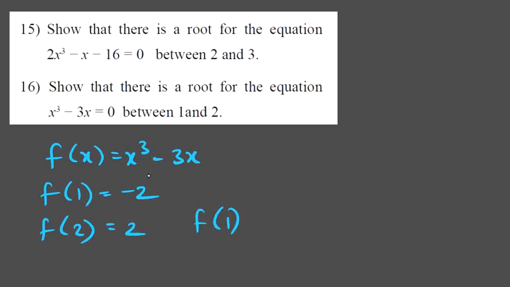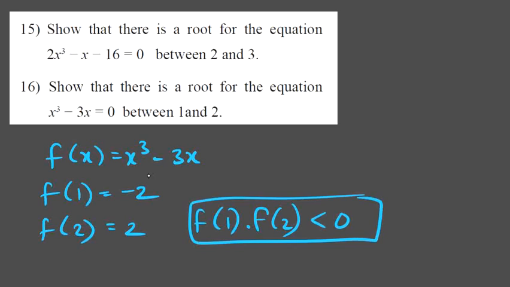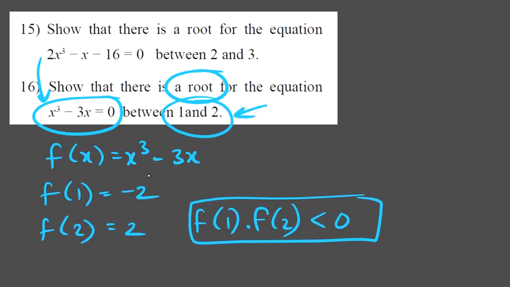So again, f of 1 and f of 2, they are both of opposite signs, that is, one is positive and the other is negative. So f of 1 into f of 2 is negative, and that is why we can say that this function has a root between 1 and 2, that is, the value for this will be equal to 0 somewhere between 1 and 2, and that is why this equation is having a root between the values 1 and 2. That's how we are answering the 15th and 16th questions.